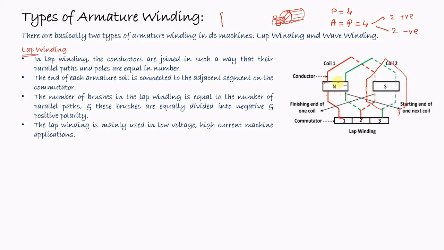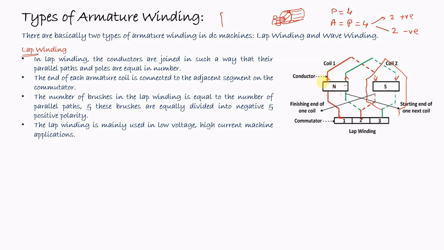So these 2 conductors will be under the north pole and these 2 conductors will be under the south pole. The EMF induced in these 2 conductors will be of the same polarity, and similarly here. So the current flowing in these conductors will be in the same direction. If the current is flowing upward, then it will be so in both the conductors, and here it will be downward.